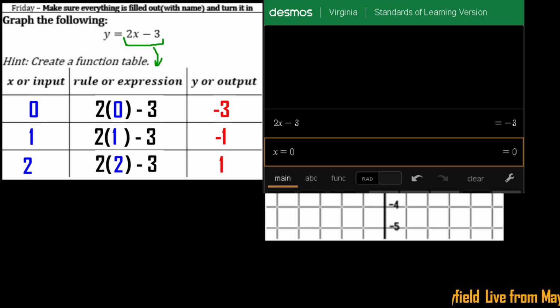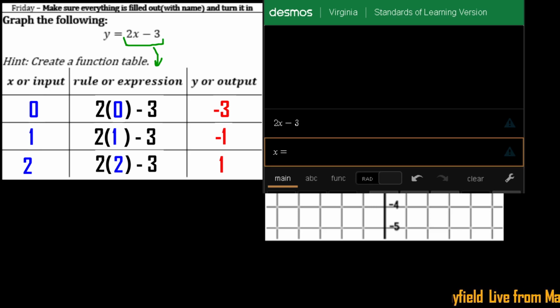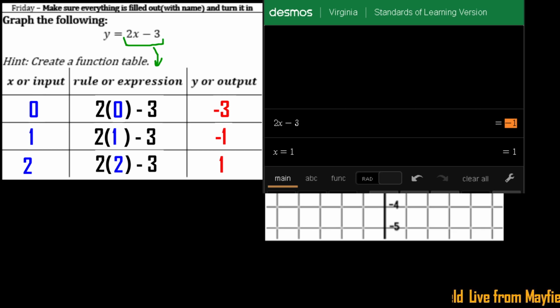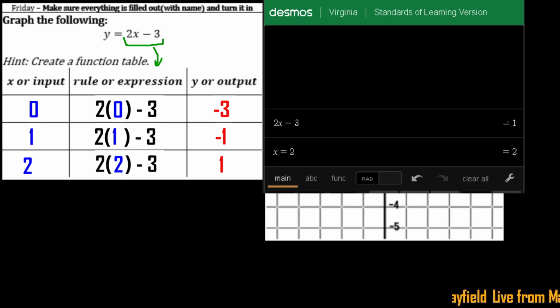That means the output is -3. So the ordered pair that you would have would be 0, -3. When x equals 1, our output is -1, and then when our x value is 2, our output is, there it is, 1. So that checks out, and I did want to make sure that works.